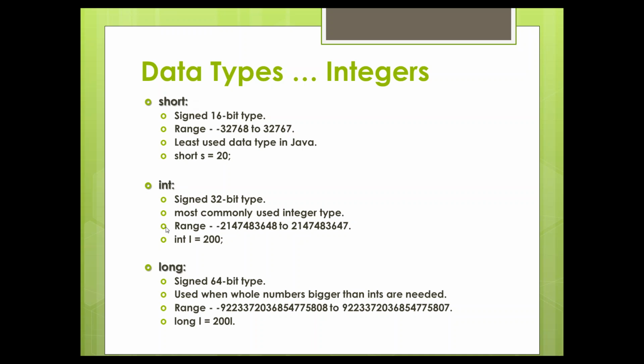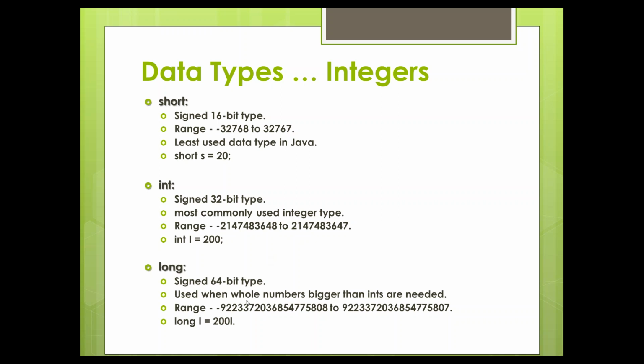It occupies 32 bits for storing a value of type int, so Java requires 32 bits of memory to store a value of type integer. The range you can see here is approximately minus 2 billion to plus 2 billion. Again, we will see what exactly happens when we exceed the range of this particular data type.